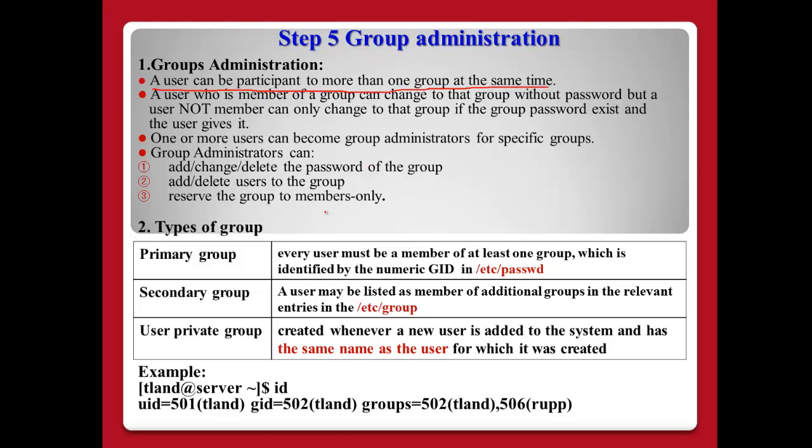It means each user can belong to several groups, but a user who is a member of a group can change to the group without a password, but a user who is not a member can only change to the group if a group password exists and the user gives it. Any user can belong to several groups, but according to group administration, each user can change to another group without a password.